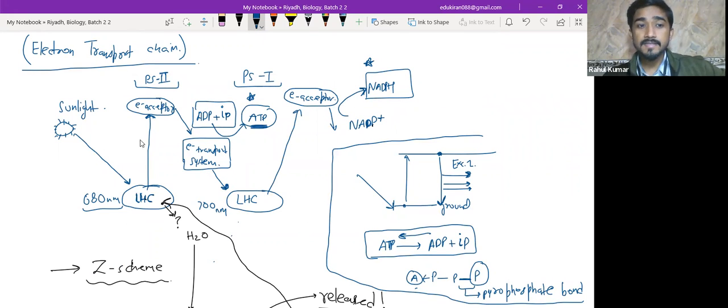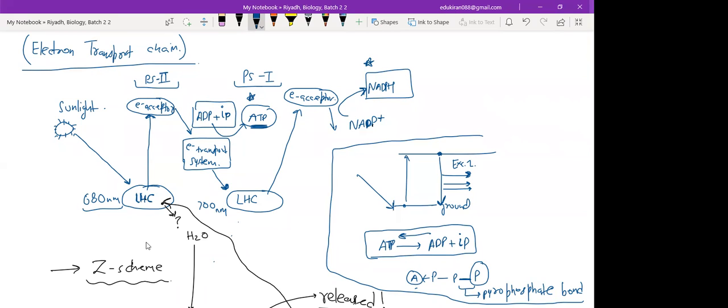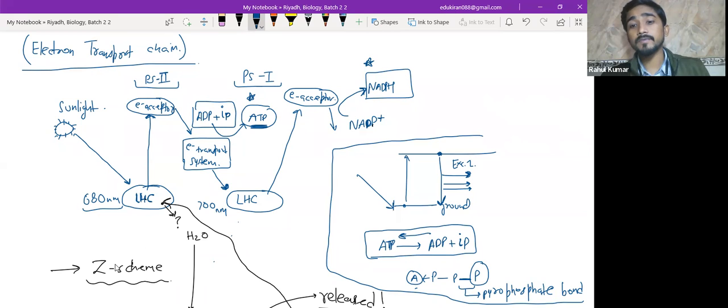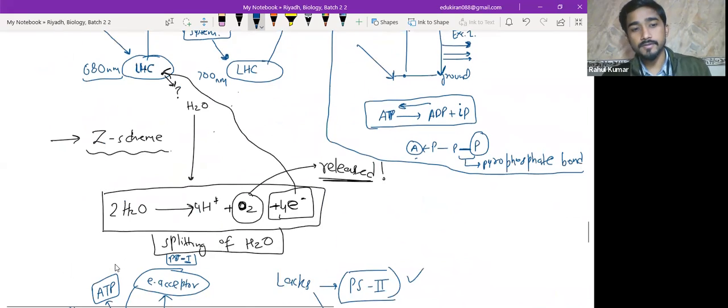So this Z scheme is the non-cyclic photophosphorylation itself, correct? Because it's non-cyclic and photophosphorylation is happening in order to make ATP from ADP. This phosphorus is being added. Am I correct? Yes, sir. Yes. So the Z scheme itself is a non-cyclic photophosphorylation process.